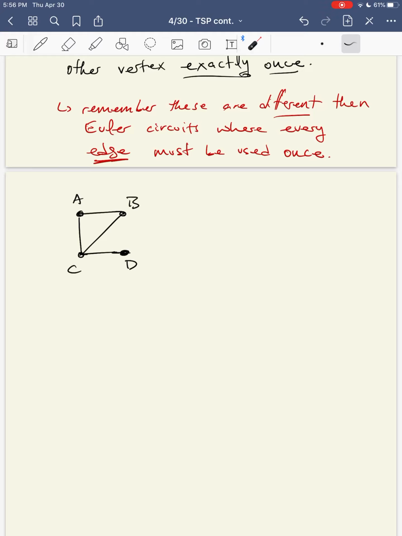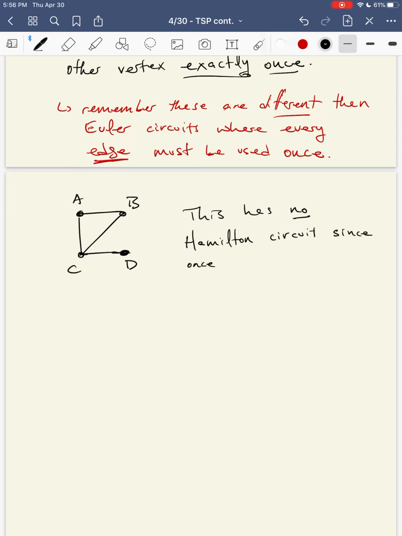If we start at A, and we go there, and we visit this vertex, oh, now we're stuck. And similarly, if we start there, then we can't go back there because that visits that vertex 2 times. So this has no Hamilton circuit, since once we visit D, we are stuck.